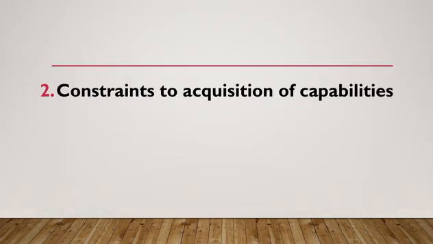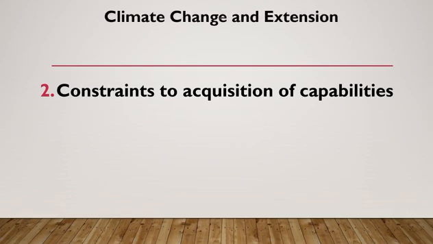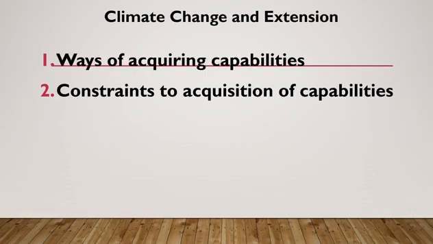We are all familiar with issues relating to climate change. We also look at the constraints to acquisition of climate change capabilities for extension. There are issues that make it difficult for extension to acquire climate change capacity. So we'll look at those issues and then ways of acquiring these capacities.